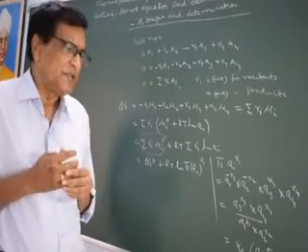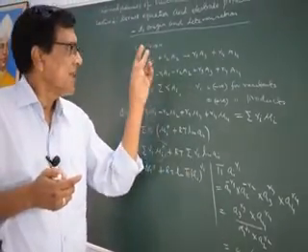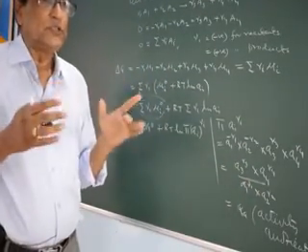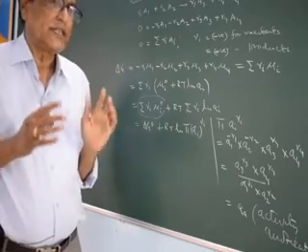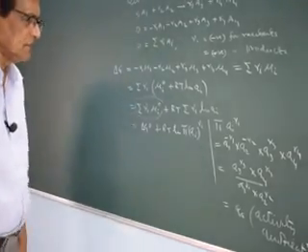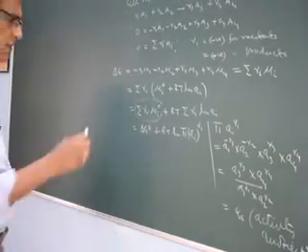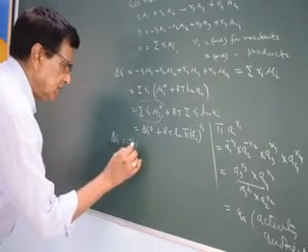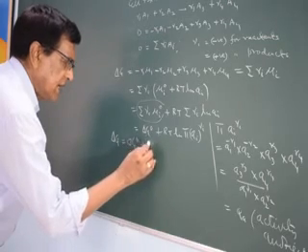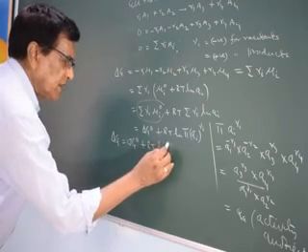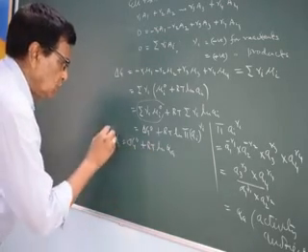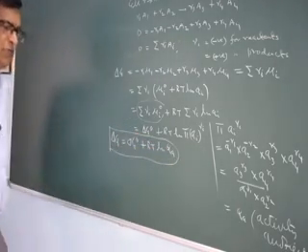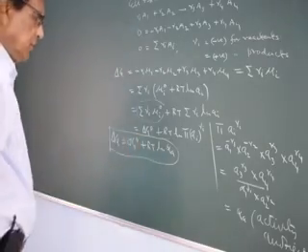Arbitrarily chosen means the activities of these reactants and products have been taken according to our own choice in this cell. So delta G equals delta G naught plus RT ln QA, the activity quotient, and this is called the van't Hoff equation.